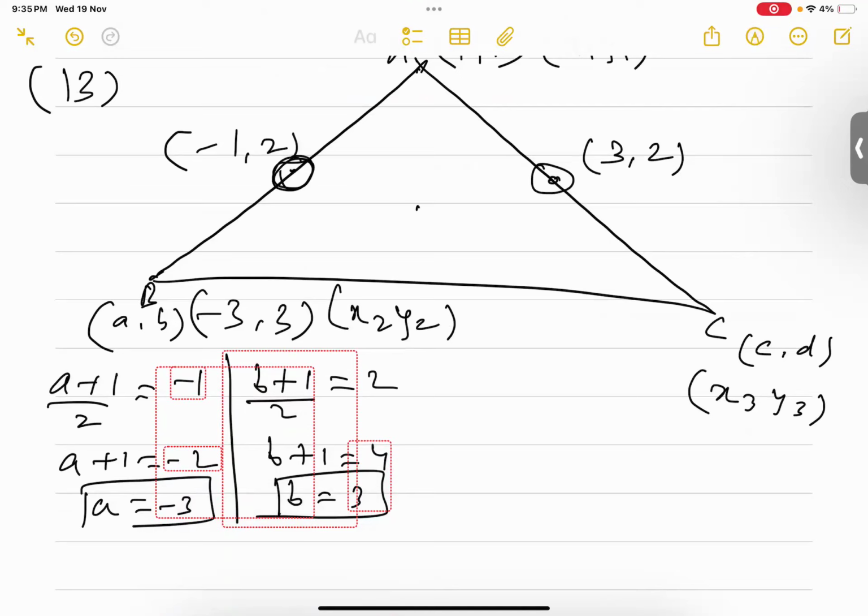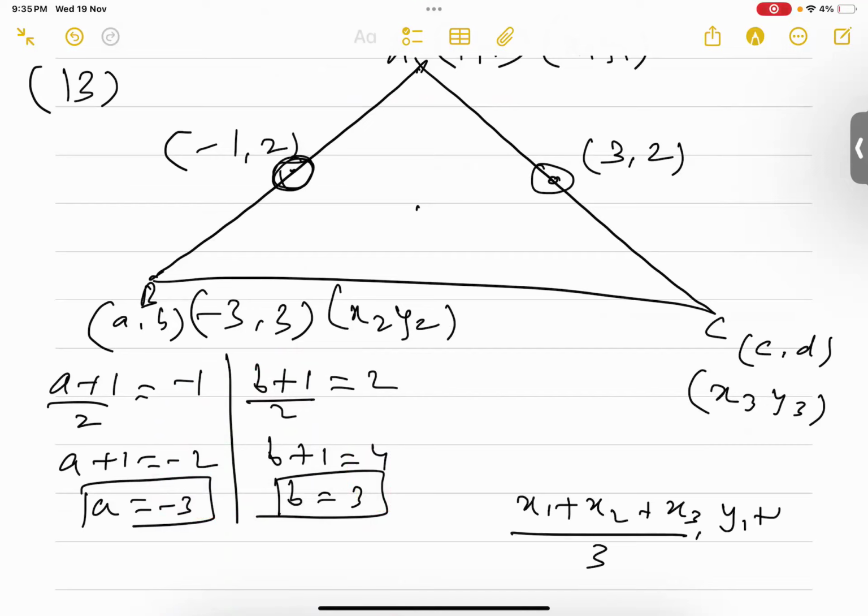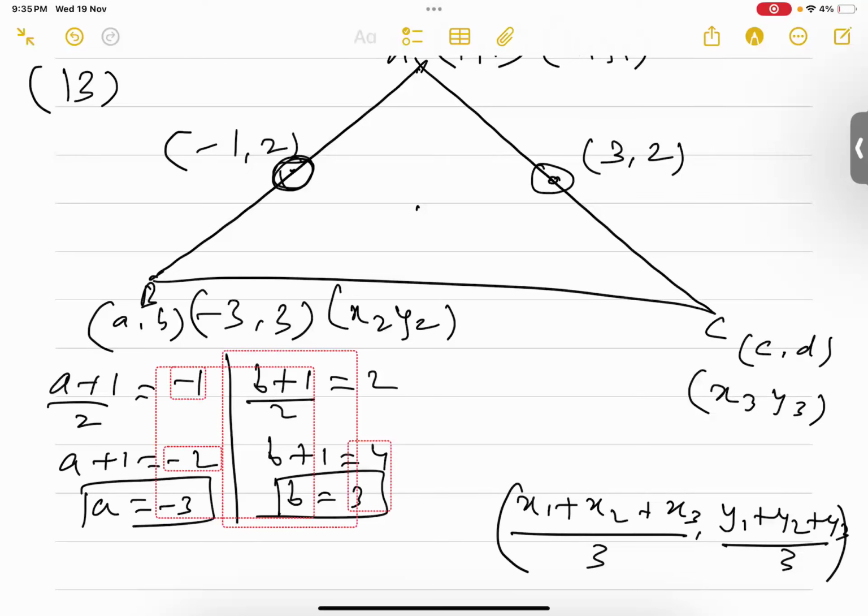So the centroid of this particular triangle will be x1 plus x2 plus x3 upon 3, comma y1 plus y2 plus y3 upon 3. That will be the formula for the centroid. But prior to that, calculate the value of C, similarly to whatever we had done for B.